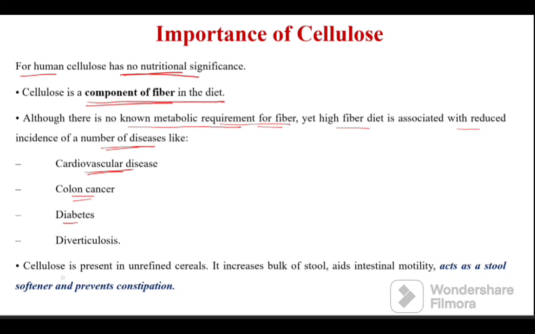Cellulose is present in unrefined cereals and it increases the bulk of stool, helps in intestinal motility, and also acts as a stool softener, preventing constipation.